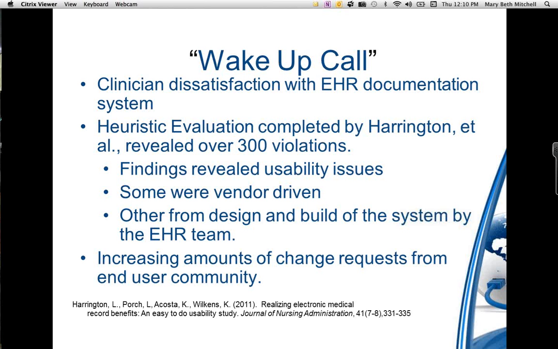So we knew that the way that we were talking to our IT partners about what we needed built in the EHR to support clinical practice, really we had some failures in that communication. We continue to see large amounts of change requests coming from the end user community, another signal to us that we're not getting it right in the build and how IT is understanding what it is that the clinicians are asking for. Next slide.